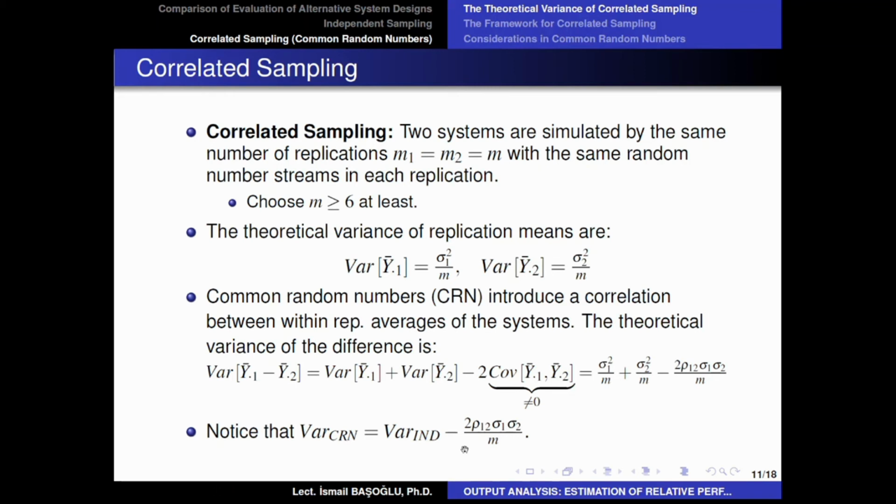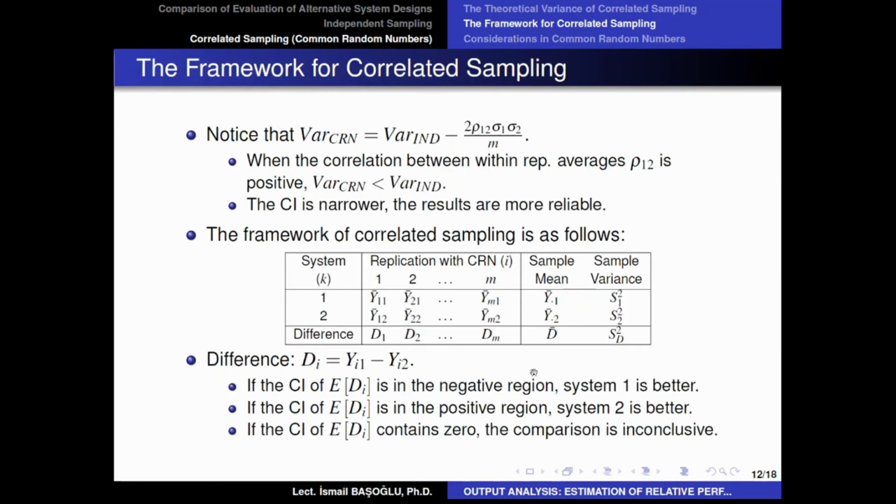Therefore, we always observe a positive correlation in the changes made in the random number sequences in the system performance metrics. Therefore, when you use the common random numbers procedure, the variance of the comparison is going to be further reduced and we are going to get more reliable results.